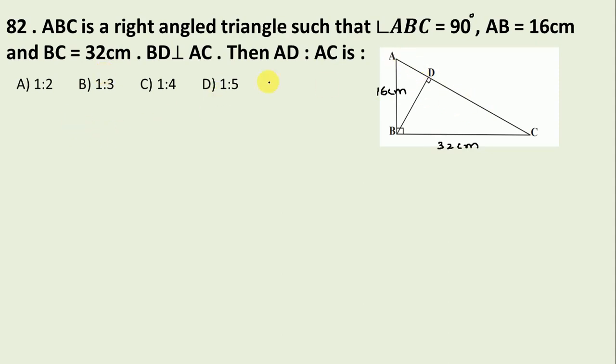The square of the hypotenuse AC square is the base square, BC square, plus the height square, AB square. BC is 32, so 32 square is 1024, plus 16 square is 256.